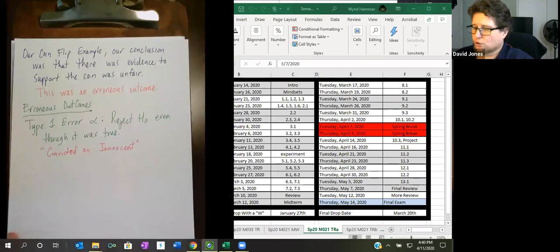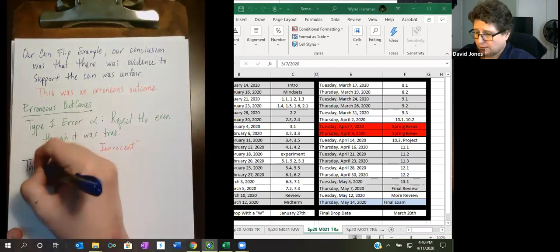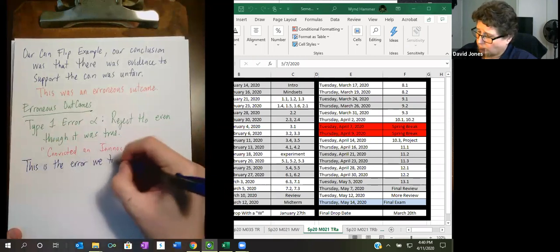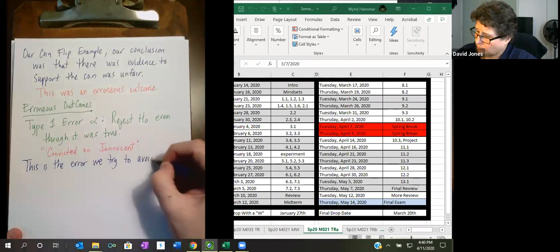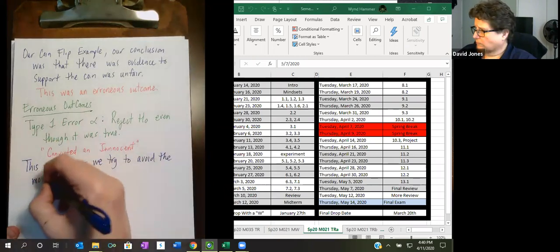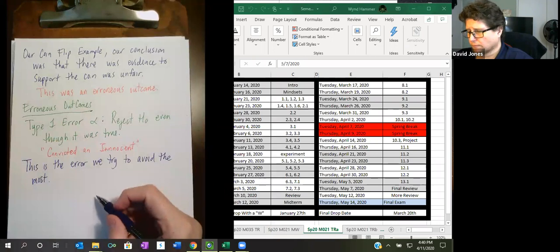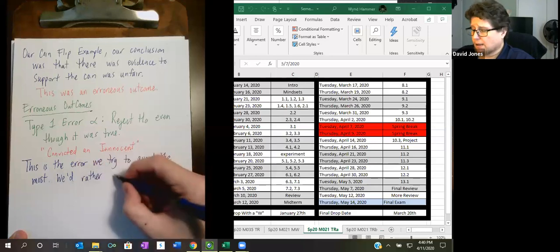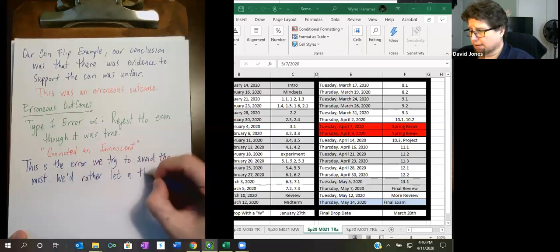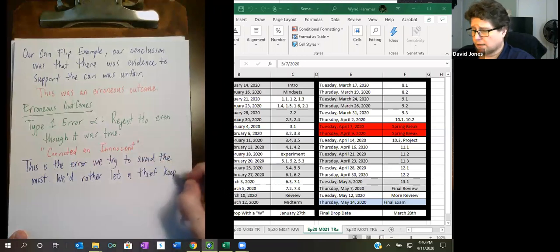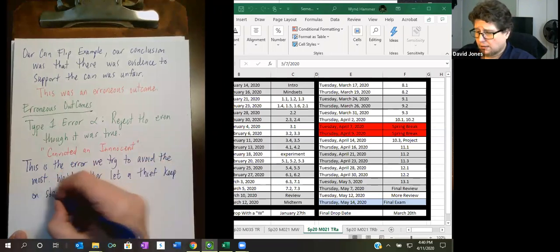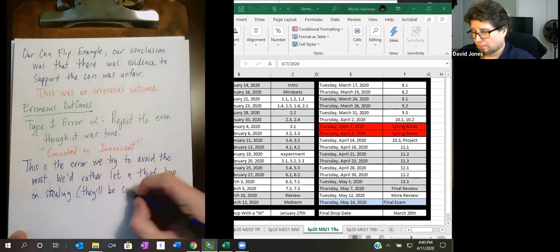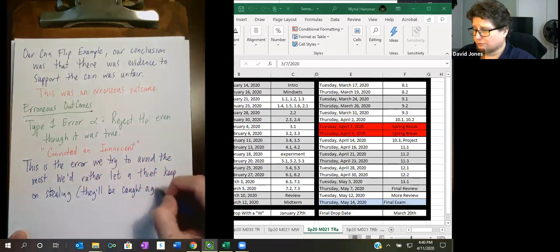This is the error we try to avoid the most. We'd rather let a thief keep on stealing, they'll be caught again, and eventually they'll get evidence for it.